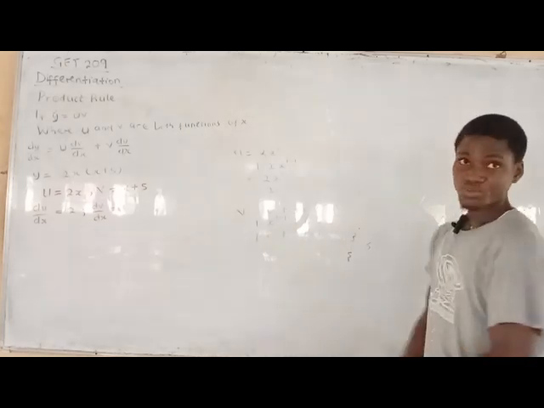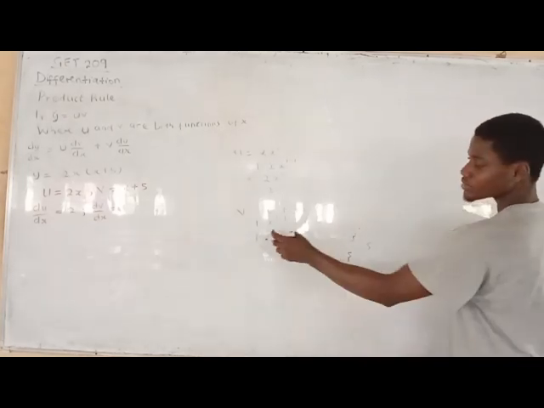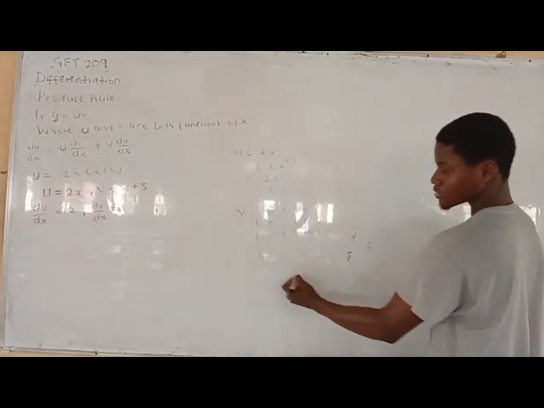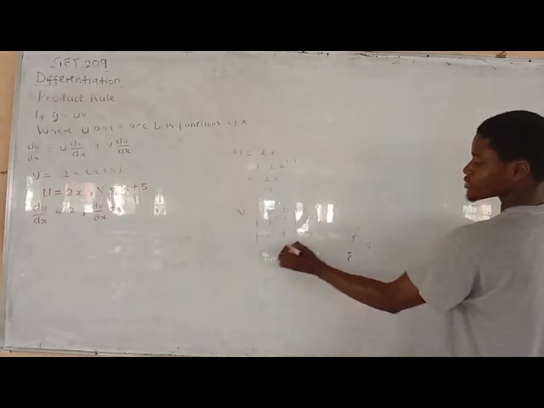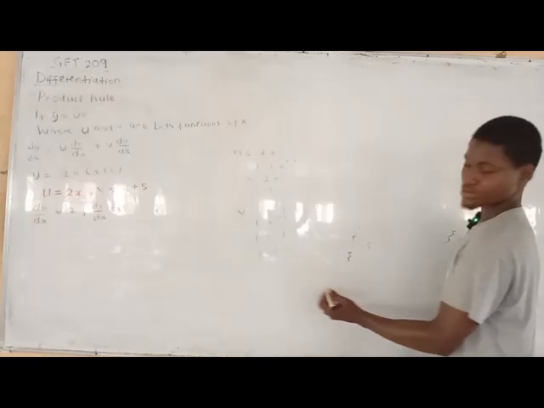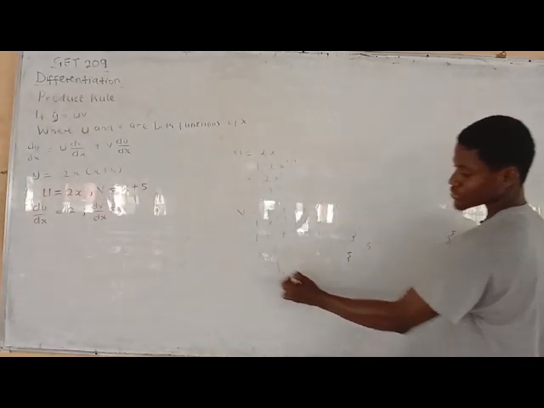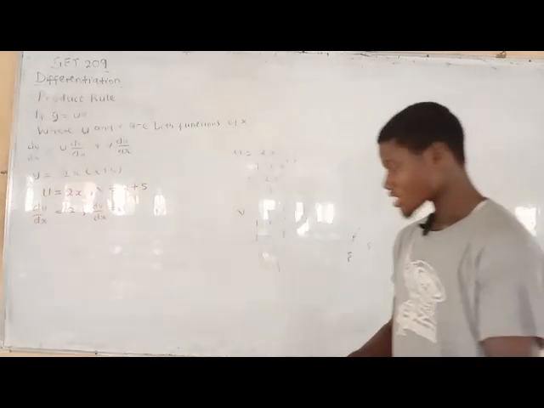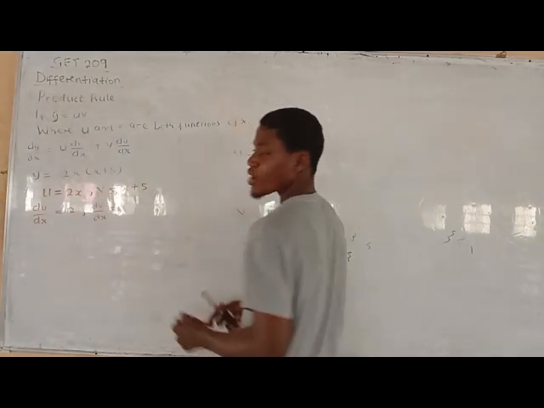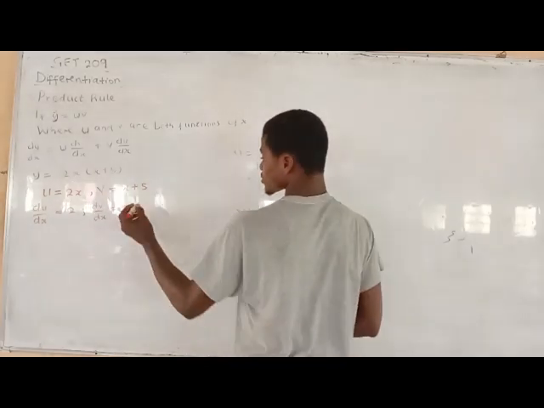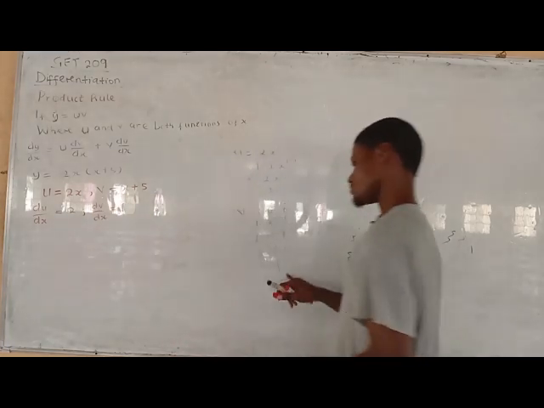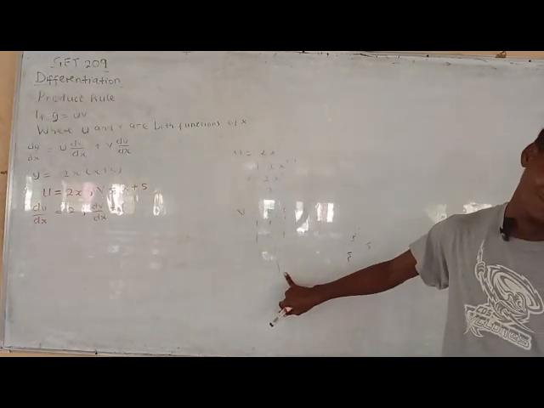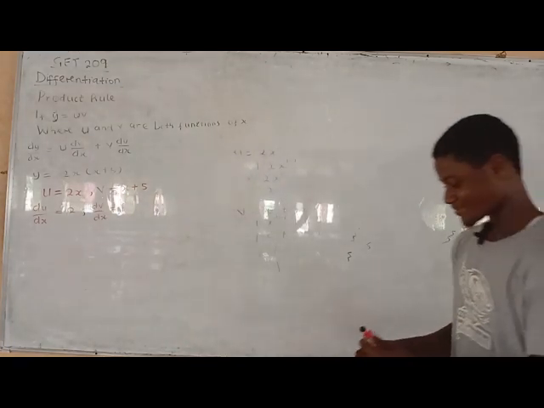So x raised to power 0 is 1. 1 times 1 is 1. Anything times 0 is 0. So this equals 1. So that's how we know that dv over dx is 1. Remember your solving.